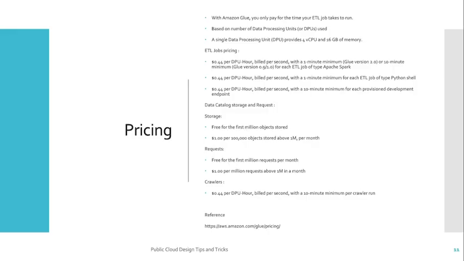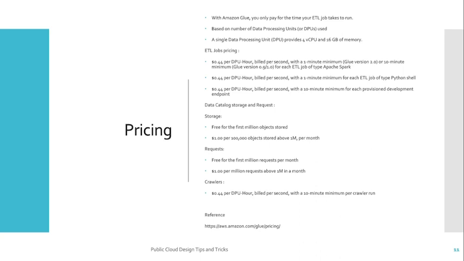If you come to the pricing part, with AWS Glue you only pay for the time that your ETL job takes to run. That is the serverless offering. AWS Glue is a serverless architecture, which is also a PaaS model. Based on the number of data processing units, that is DPUs, you have to pay.